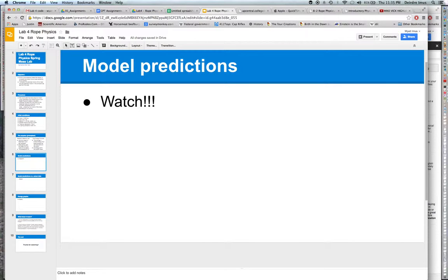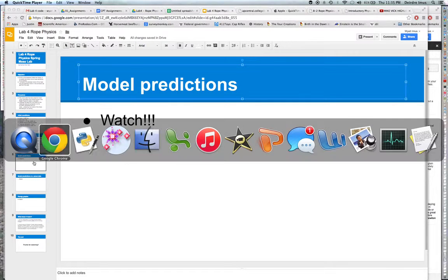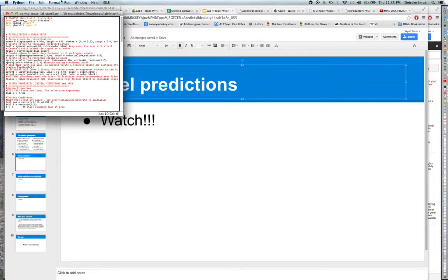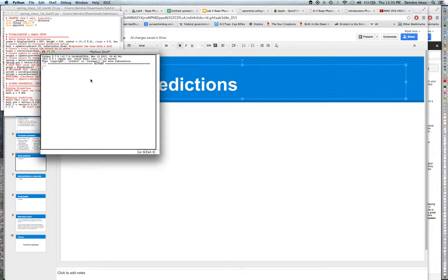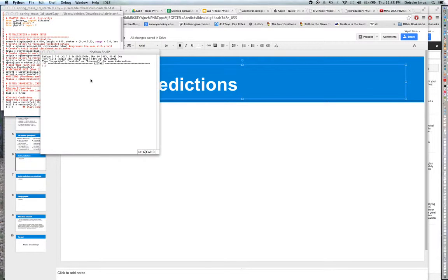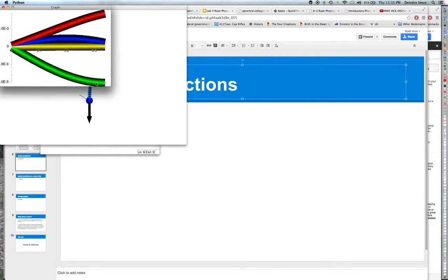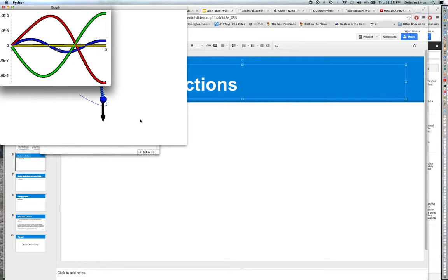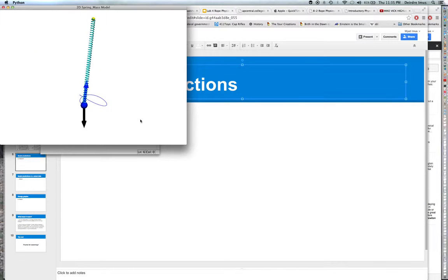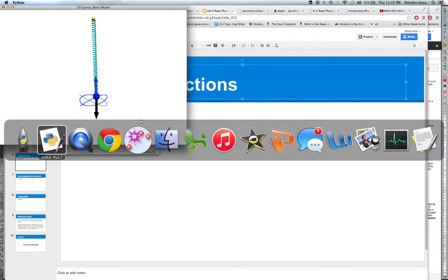Now, for our model predictions, our first model prediction is here, which is the model we use from our initial information we got from Tracker. And as you can see, our model here begins to go counterclockwise and then stops and starts to go clockwise while it's oscillating on the spring.